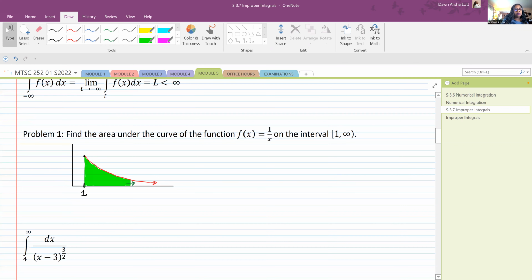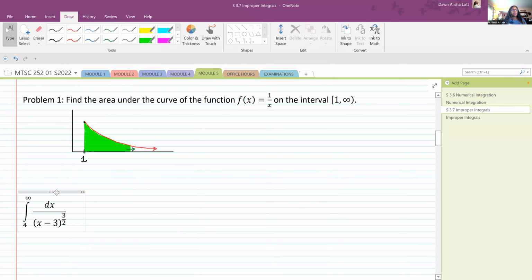Okay, that doesn't seem difficult. Let me move this problem. So I want the integral from 1 to infinity of 1 over x dx.